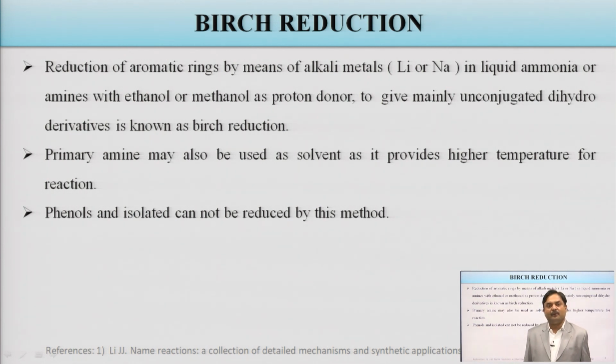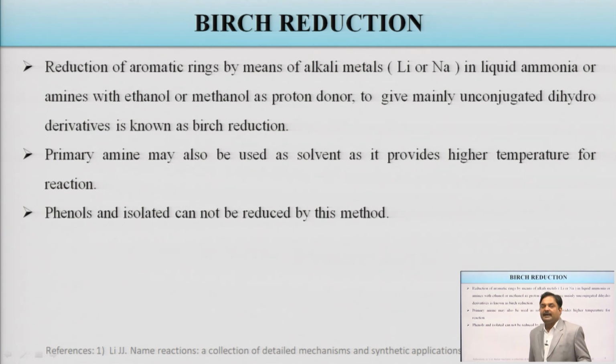If we are taking liquid ammonia, which has a very low boiling point, as I told you, -33 degrees centigrade, then we have to maintain a very low temperature as a reaction condition. While taking primary amine, we can go to a little bit higher temperature. This is the main advantage. Ethanol and methanol or any alcohol like tertiary butanol can be taken as solvent. The main work of these alcohols is to provide a proton.